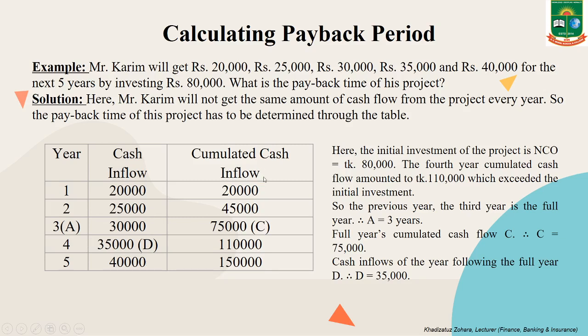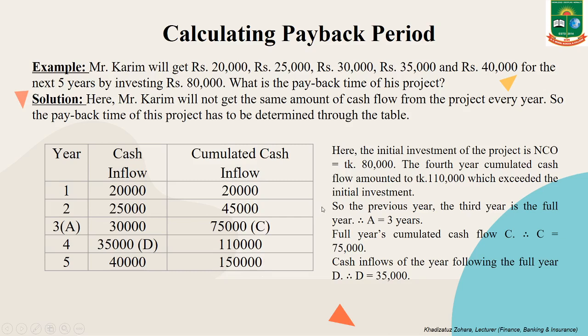And cumulative cash inflows are 20,000, second year 20 plus 25, 45,000, third year 45,000 plus 30,000, 75,000, fourth year 75 plus 35 equal to 1 lakh 10,000, and in last year 1 lakh 10,000 plus 40,000 equal to 1 lakh 50,000 taka.